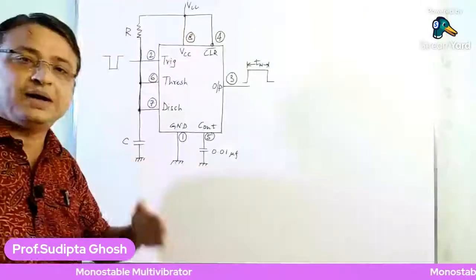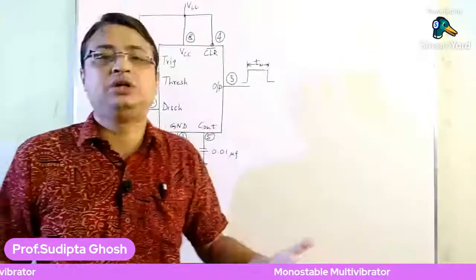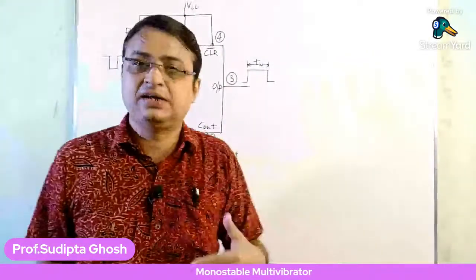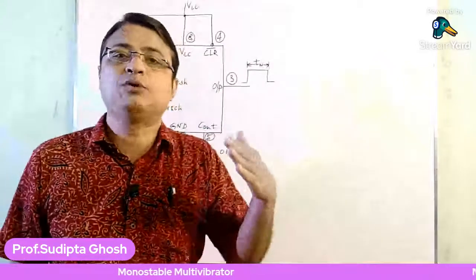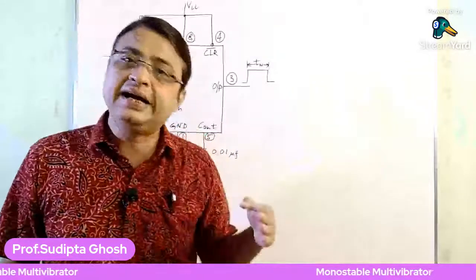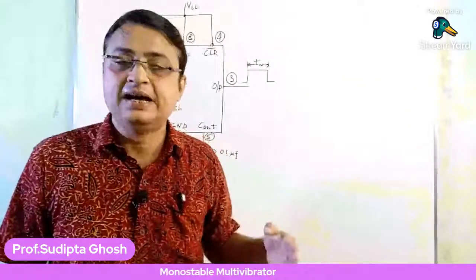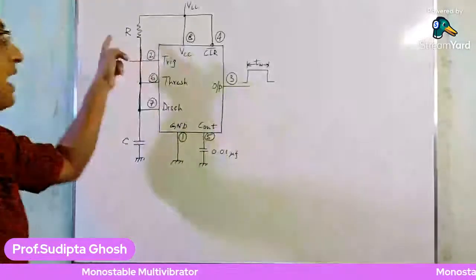So the capacitor voltage, if initially at 0, the capacitor will charge. Then the capacitor will be charged and it goes on to have the value of VCC via this resistor R.